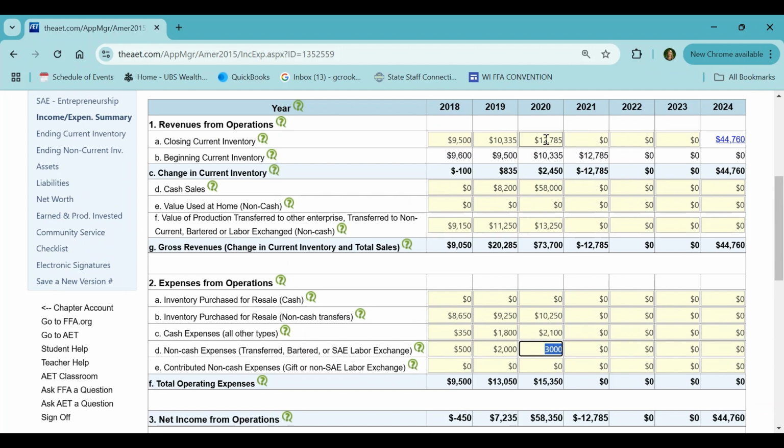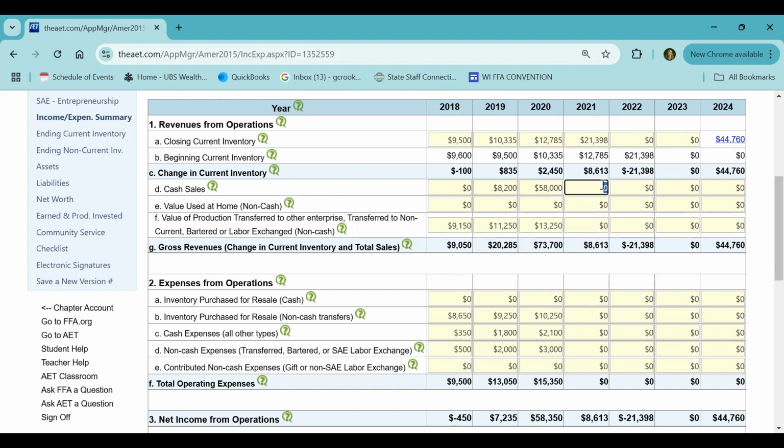And again, our closing current inventory is our beginning current inventory. The closing current inventory for 2020 is the beginning current inventory for 2021. And then this year, we're ending with $21,398. And remember, they bartered for animals for resale.